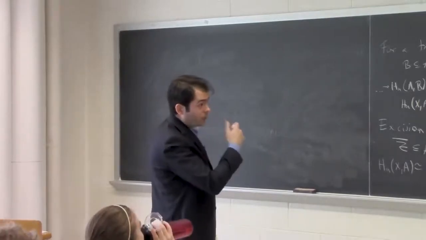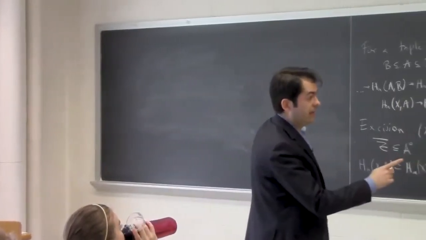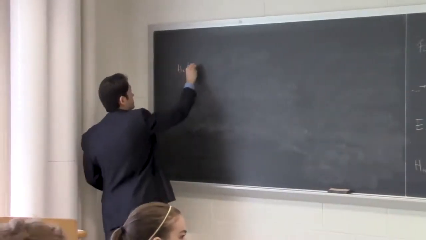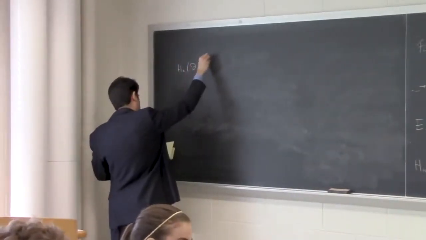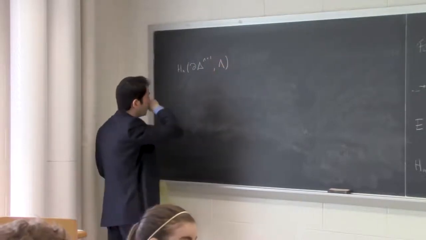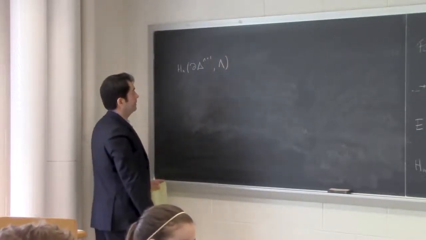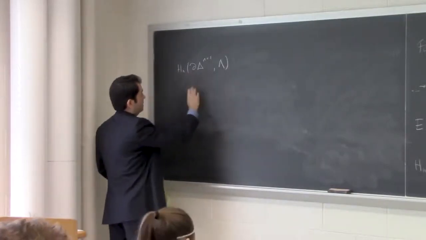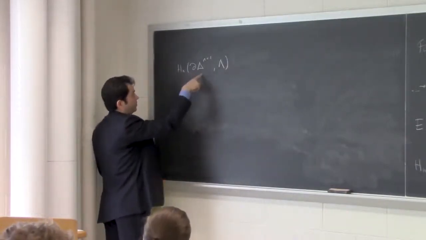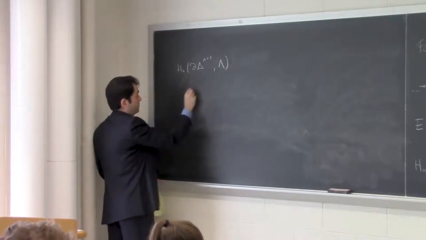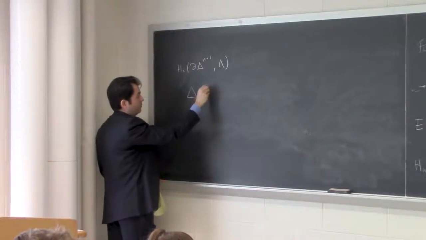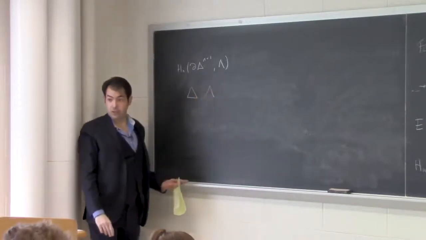Okay, so next, let's stare at this last one. It was Hn of the boundary of delta n plus 1, lambda. Let's think again about the triangle. If we were looking at the triangle, the boundary would look like this, and now we're collapsing this part.